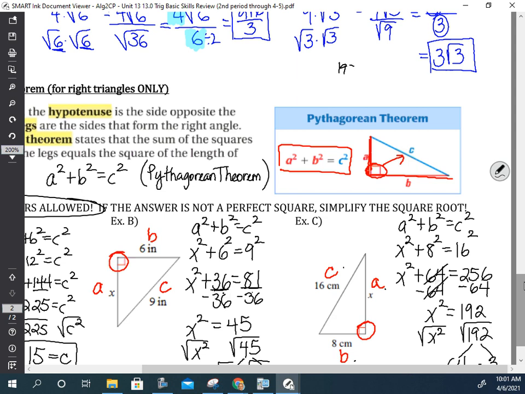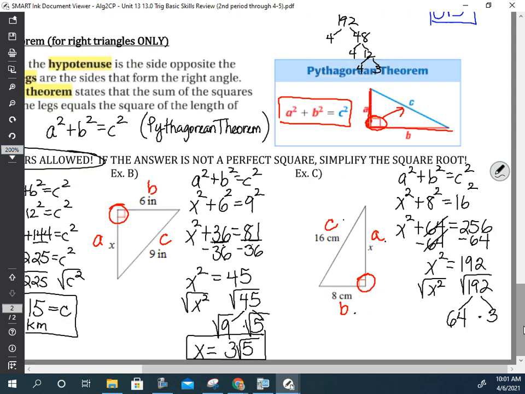That will work. That will give you 48, but that means you got to break down 48. And then you would have to break down 12. You would have to keep breaking it down. The reason why I chose 64 and 3 is because you only have to do it once.